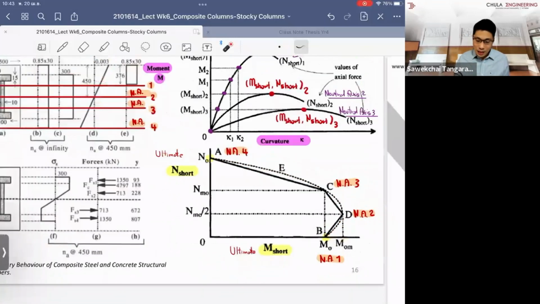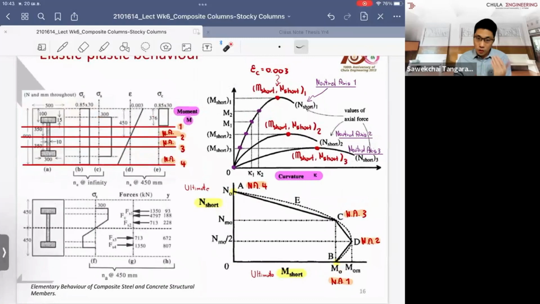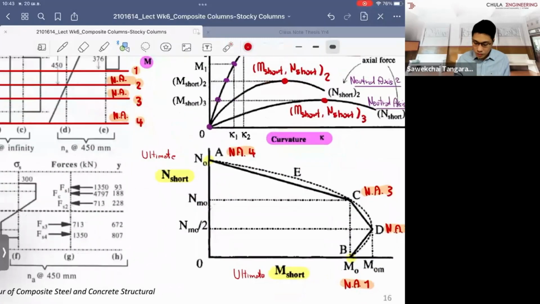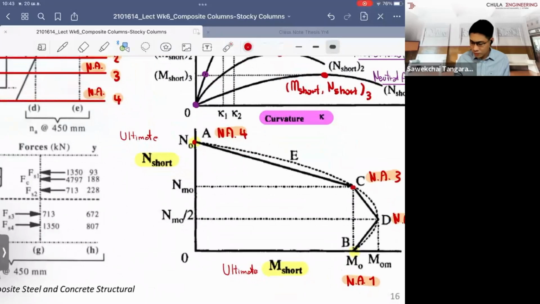But if you just take some points, which I am going to tell you, according to what the code asks you to find, you look for a couple of points to approximate the interaction diagram on the safe side, because you cannot do it by hand unless you put it into Excel to get this nonlinear diagram. We call it a nonlinear interaction diagram.